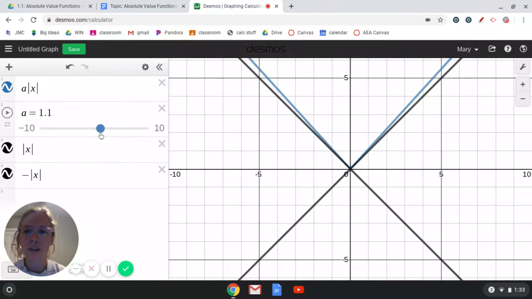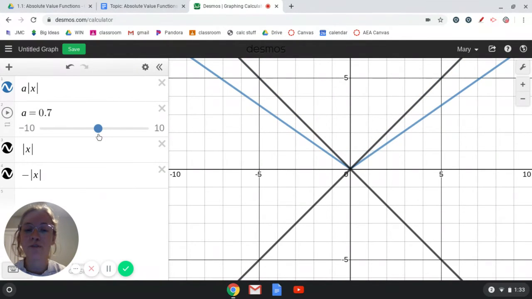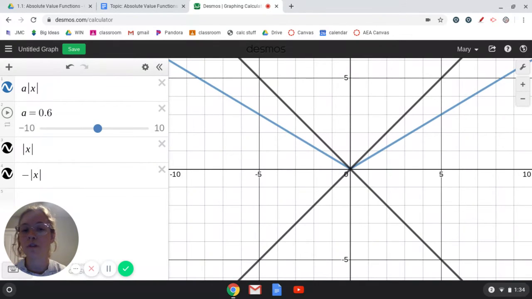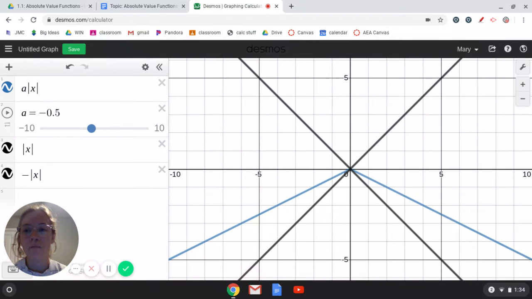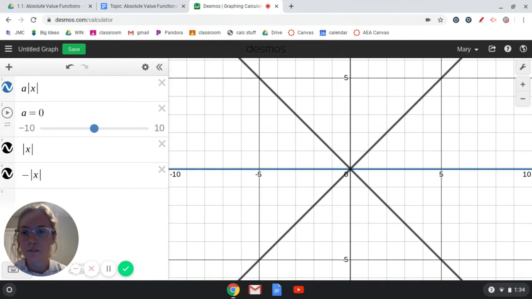So what happens if a is less than 1? That, my friends, is how you shrink this graph, how you make it a wider v, how you shrink those y values to be lower. Now, go to 0. Okay, 0 is just a line because 0 times anything is 0, and now you end up with y equals 0.